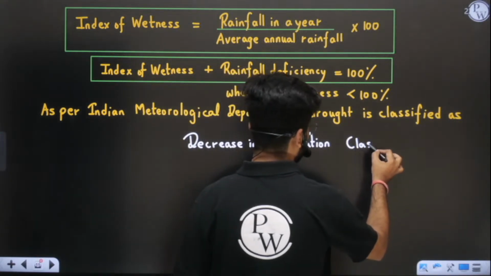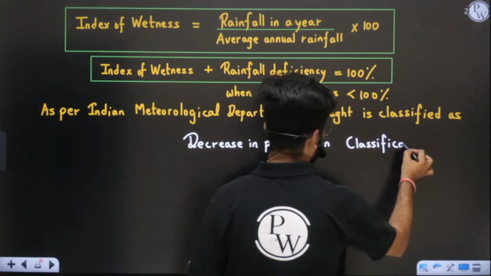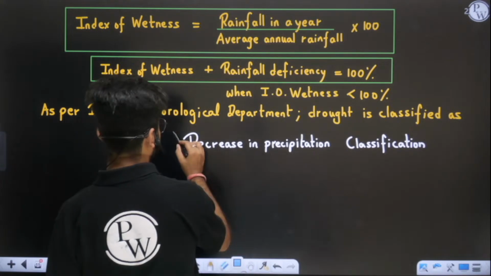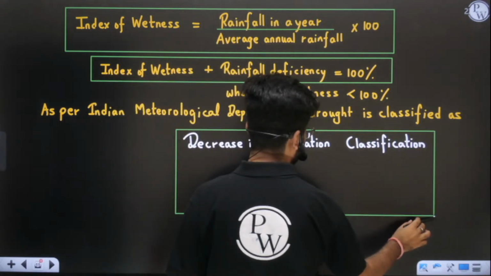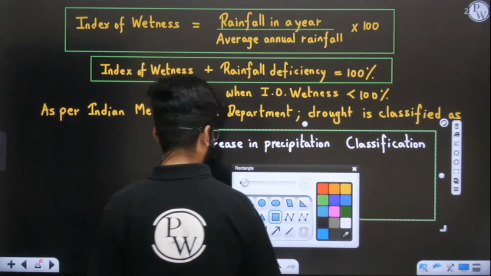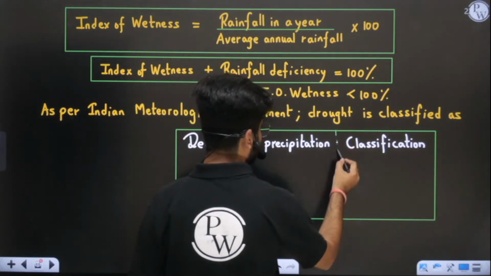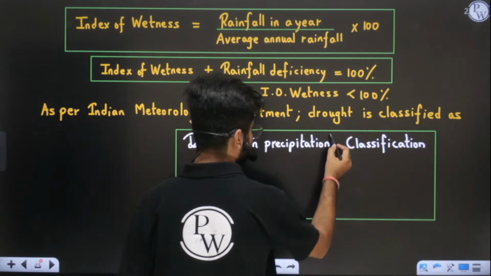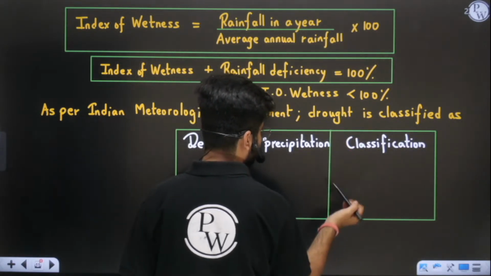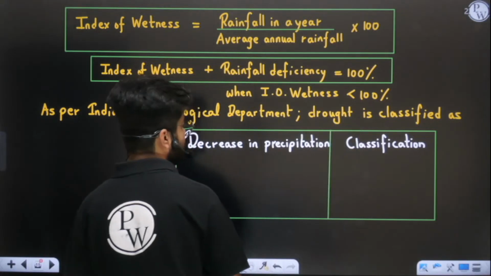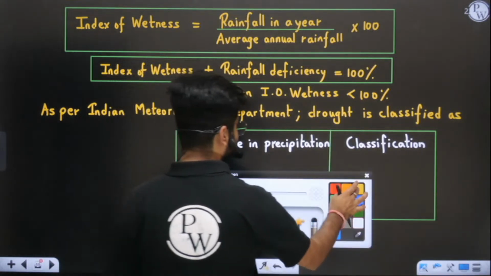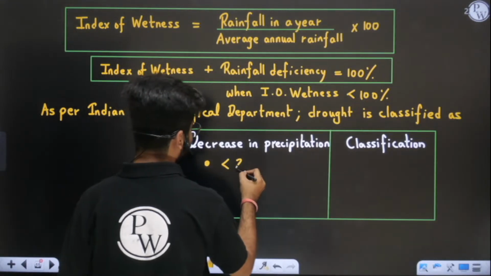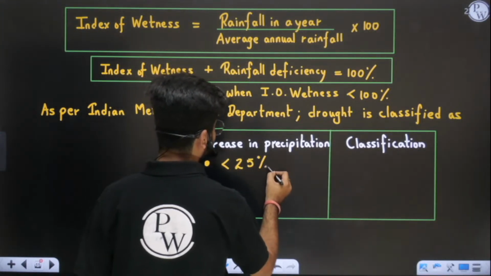So if decrease in precipitation is less than 25%, that means not a severe effect.